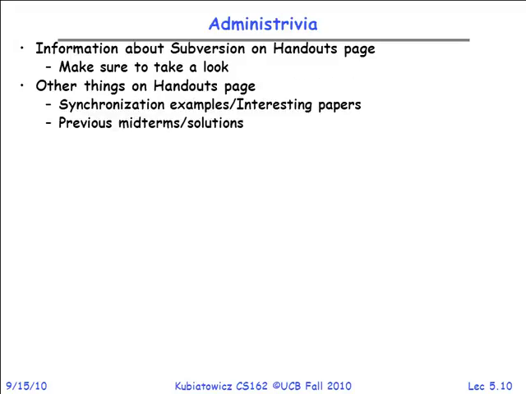Also reminding you there's a bunch of things on the handouts page which will be particularly interesting next week as we start diving into synchronization, so there are some examples on there to play with. There are also previous midterms and solutions, and papers that I put up occasionally for interesting reading. I realize this may be the generation that no longer reads anything longer than a tweet, but there are some interesting research papers to look at.